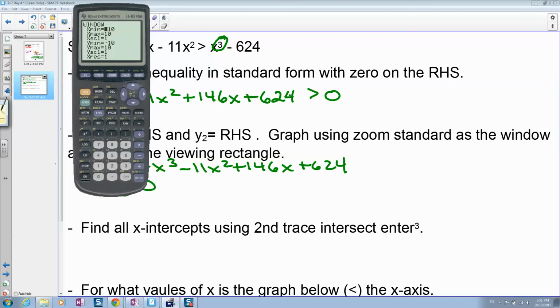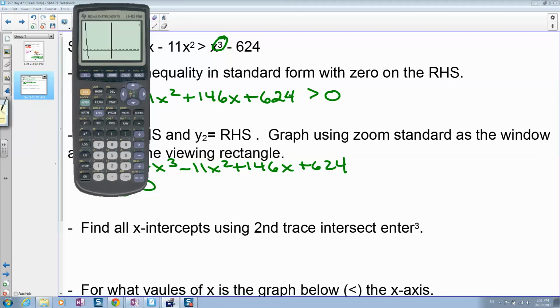and up and down, so basically in all directions. So negative 20 and 20, we'll hopefully get that. And then we'll do negative 200, and then we'll do 700 for the y maximum, because of the 624.